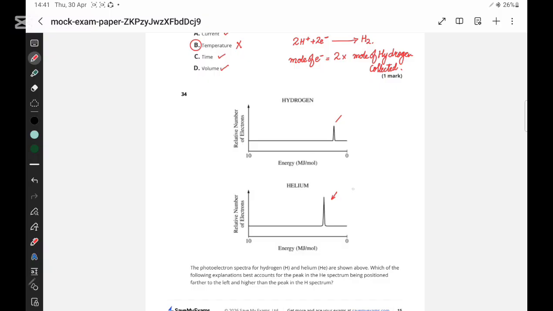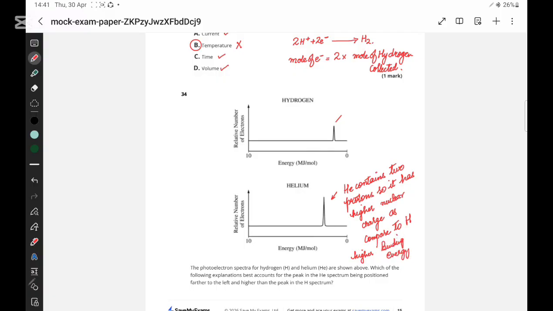The reason is very simple: helium contains 2 protons, so it has a higher nuclear charge as compared to hydrogen. So it is going to have higher binding energy, which is basically for helium.